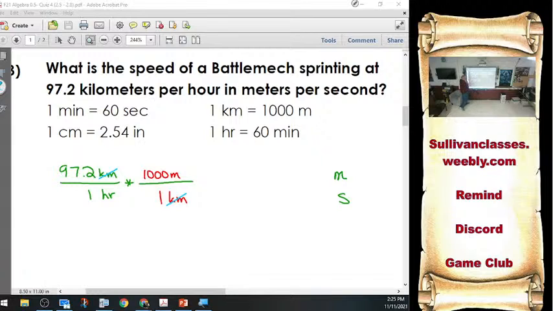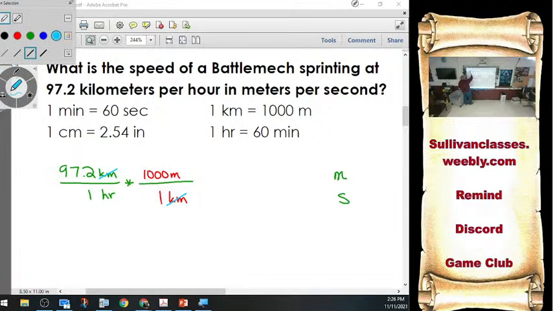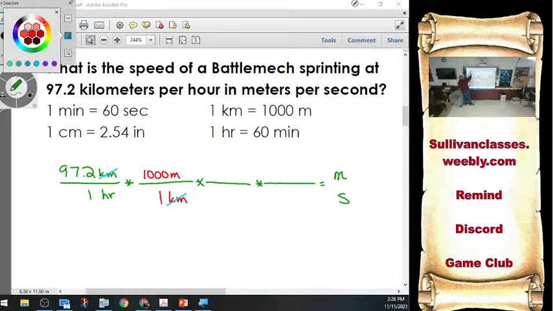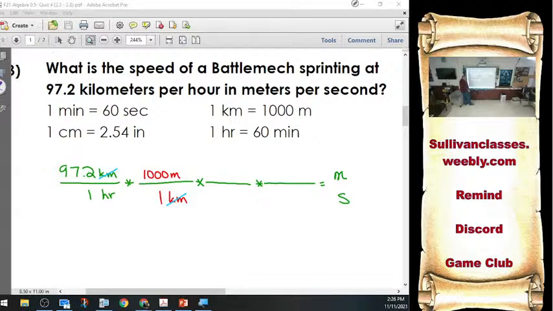Okay, do I have something that goes directly from hours to seconds? If you know it, use it. If you know it, use it. Right now, yes, I have hours to minutes, and then minutes to seconds. So, hours to minutes. Who goes where?